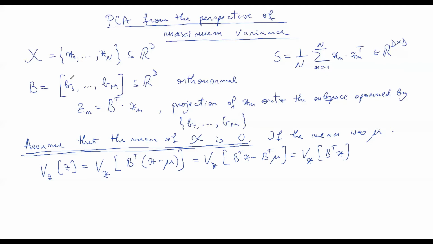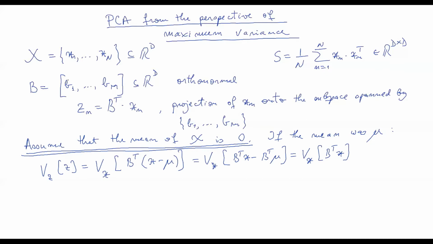I just focus for now the discussion on one single vector, and in the next video lecture I'm going to expand the discussion to how to find all the basis vectors up to m, but for now the discussion is going to be just one single vector.